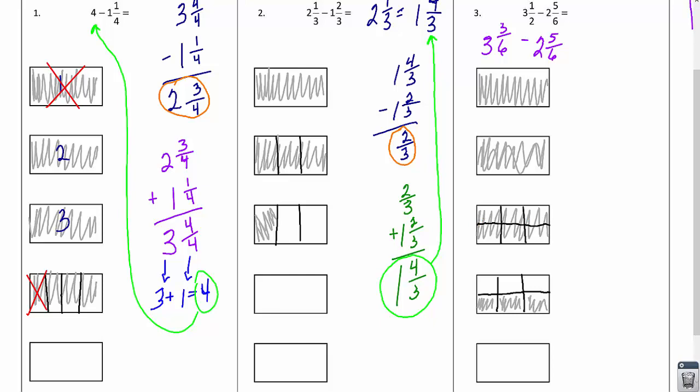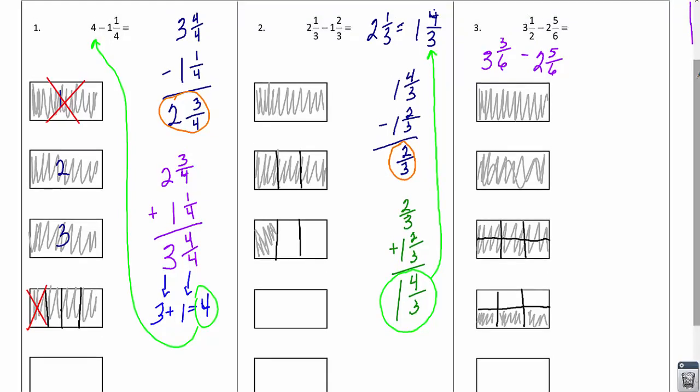So really what I've drawn for myself now, when I look at my rectangles, is 9 sixths. Now that's enough sixths to take away the 2 and 5/6.